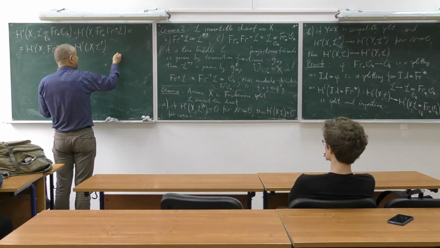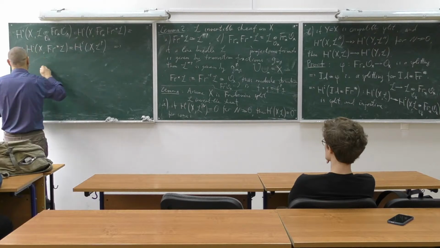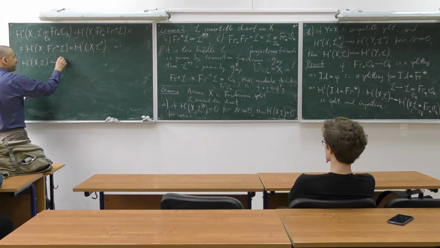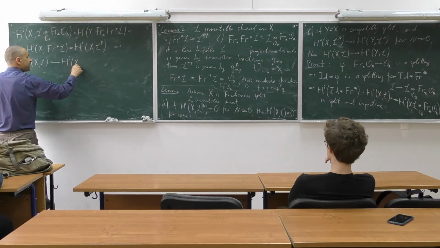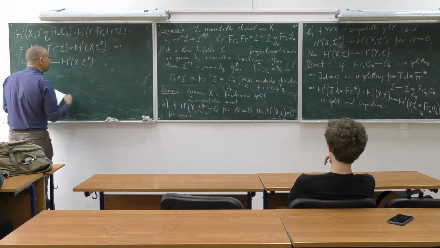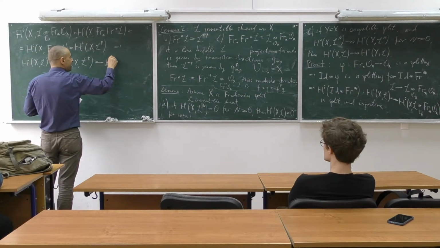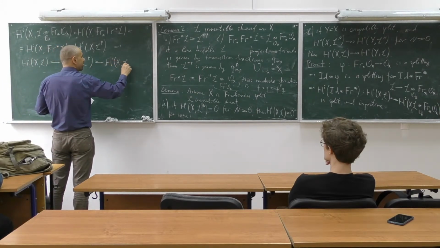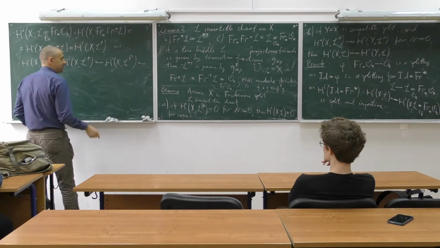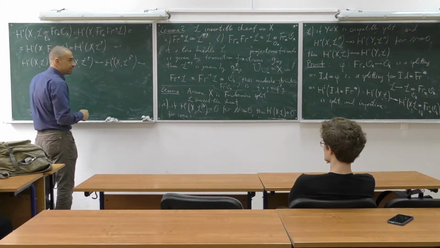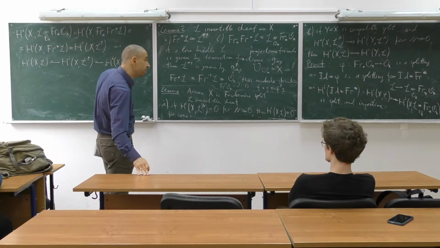Okay, so we conclude that the cohomology of X with coefficients in L is embedded into cohomology of X with coefficients in L to the power P, and then similarly it embeds into cohomology of X with coefficients in L to the power P squared and so on, and eventually those cohomology vanish, and that's what we wanted to prove.